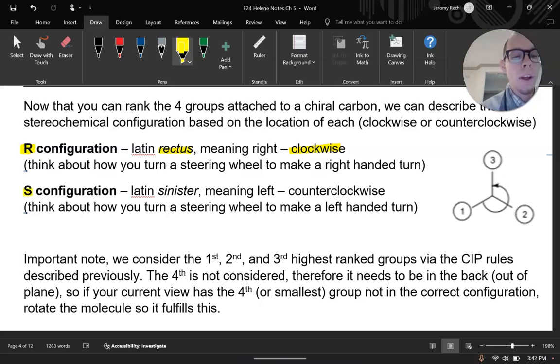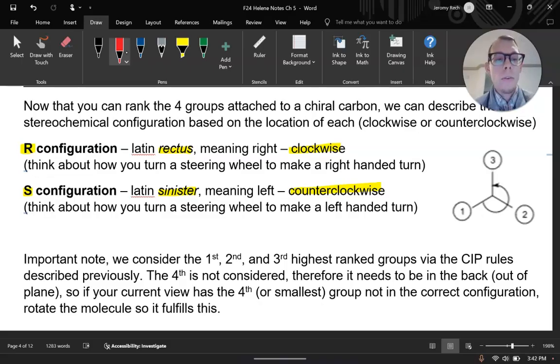S comes from the Latin word sinister, meaning left, which is a counterclockwise rotation. When you're trying to think whether you're going clockwise or counterclockwise, you can think about when you're driving a car, going right or left, and what direction of a clock you're going to be moving your hand in.